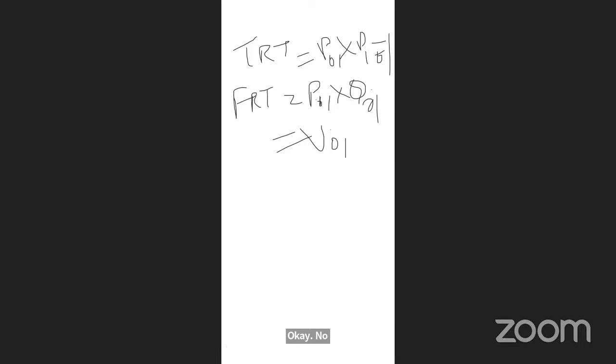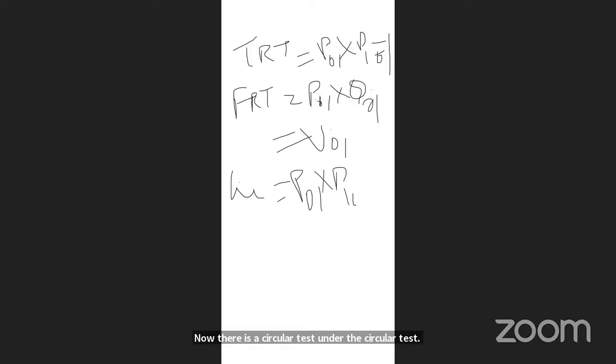Now there is a circular test. Under the circular test, P01 into P10 into P, another value we will take, it is a circle, which we have to take into account, which is equal to 1. That is called a circular test.